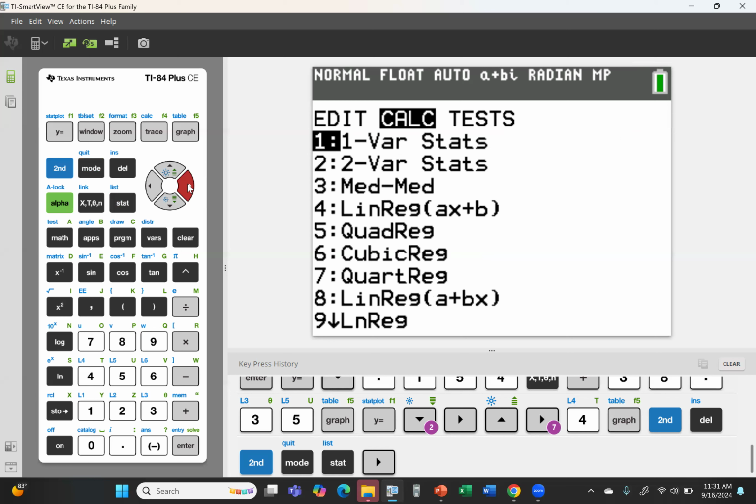What the calculator is going to do is run a linear regression. That's what that stands for. Linear regression on your data that you put in. And it's going to actually iterate faster than you can even blink to find the line that fits your data the best. Okay, so we're going to arrow down to number 4.